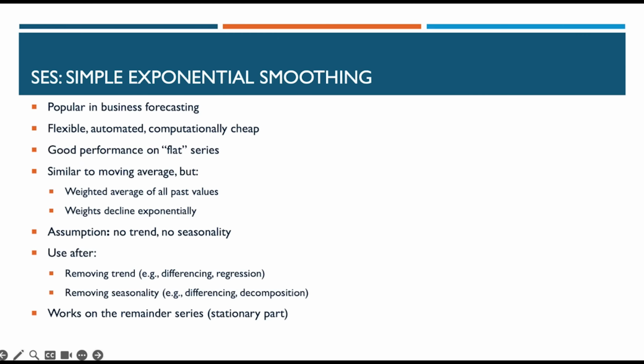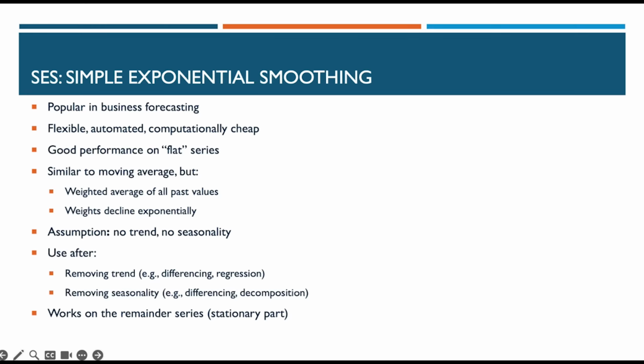It's data driven and smooths out the noise. But the difference is that instead of treating recent points equally, it uses exponentially decaying weights. In other words, recent observations matter more, but old observations are never completely ignored; we still use them. So it's more adaptive than the moving average.